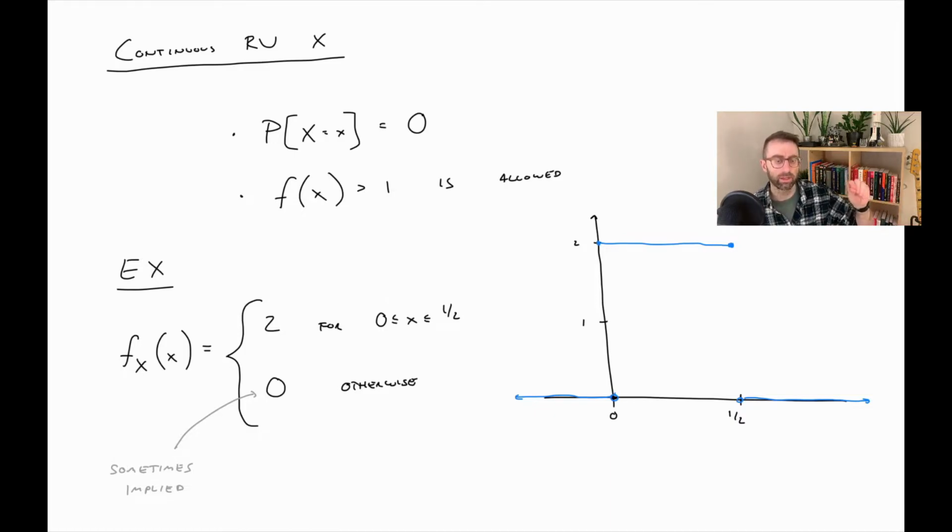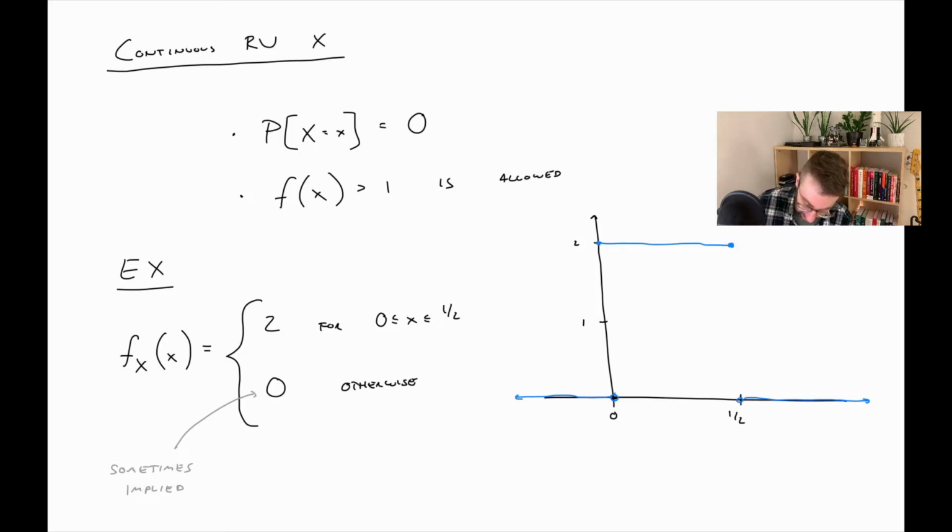I would note that sometimes we may suppress the 0 otherwise when we're talking about PDFs, but it's always lurking there, more or less. But I think it should be clear without even doing the calculus, it's really just algebra here, that this will integrate to 1. We see a rectangle here with height 2, width half, and 2 times half is 1. So that works out. So this is valid.